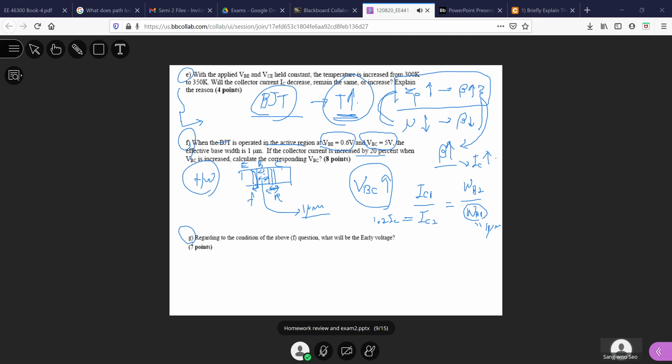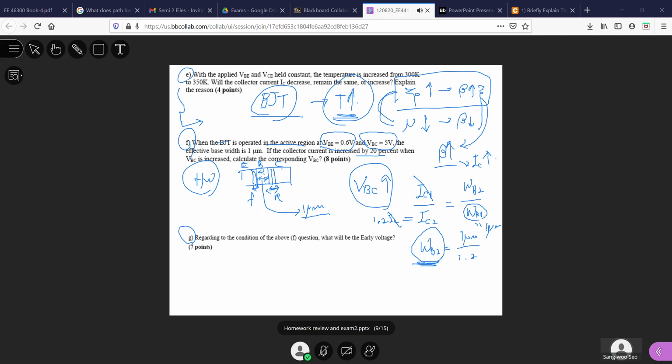So if we do the calculation, WB2 we can calculate as 1 micrometer divided by 1.2. From there we can get the new base width required for this 20% increase in the collector current. Now, how is WB related with this structure?